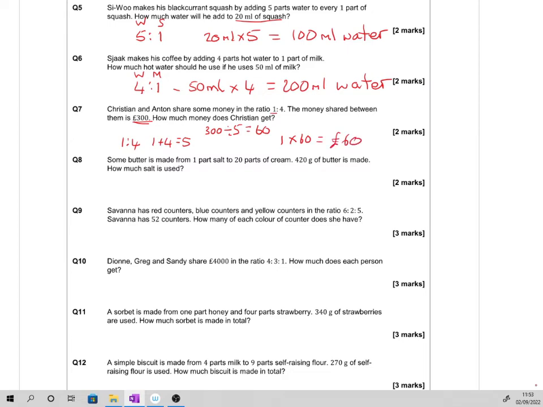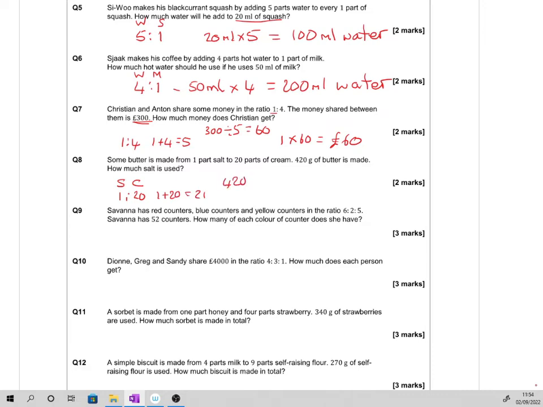Some butter is made from 1 part salt to 20 parts of cream. 420 grams of butter is made. How much salt is used? Right, so we've got salt and cream in the ratio of 1 to 20, and that makes butter. So 1 plus 20 equals 21, and we've got 420.